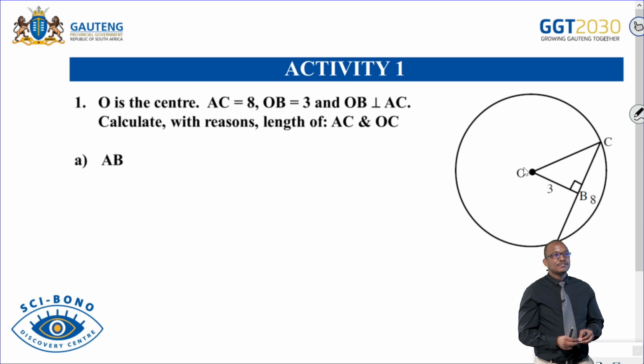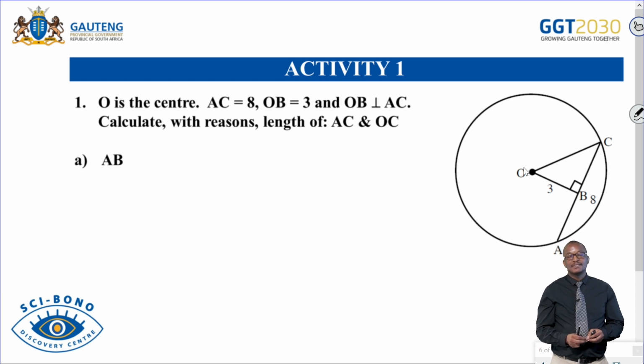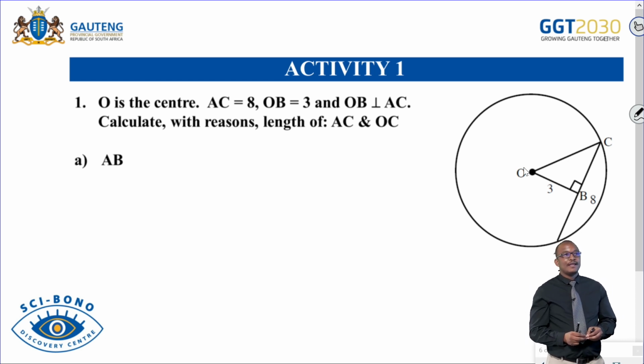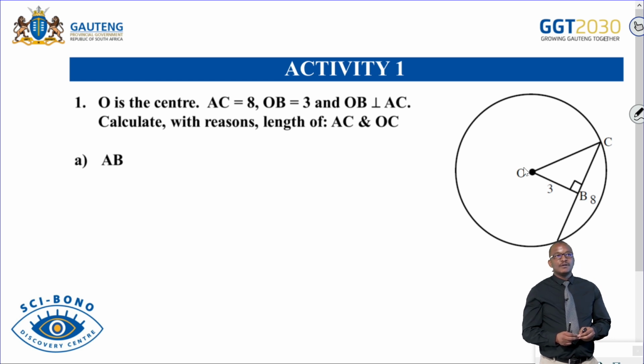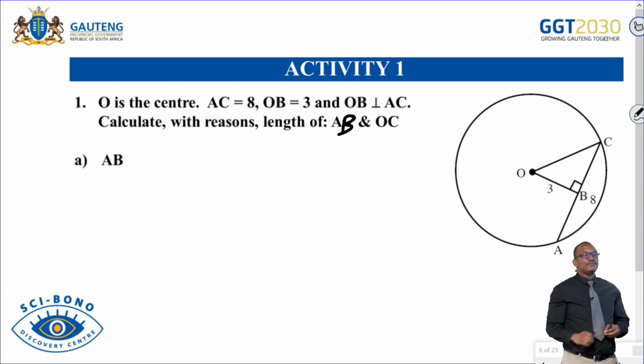So, the question is as follows. O is the center. AC is equal to 8. OB is equal to 3. And OB is perpendicular to AC. That is the statement that is given. Then the question says, calculate with reasons the length of AB and OC.